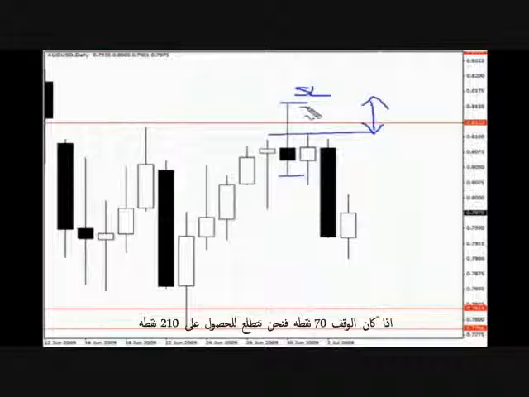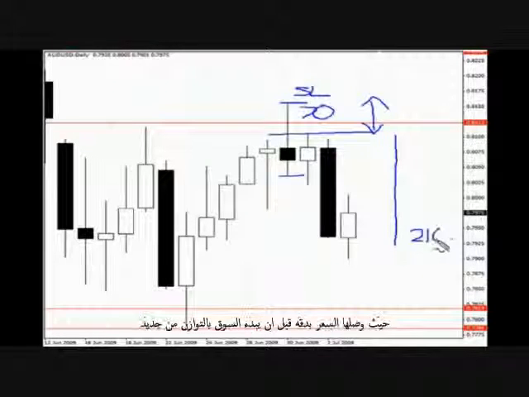So if this is a 70-point stop or thereabouts, we're looking to make 3 times, which is 210. Now that was reached perfectly, and the market then began to bounce.